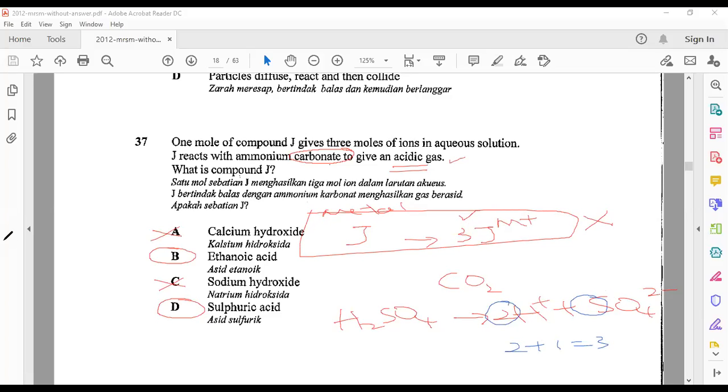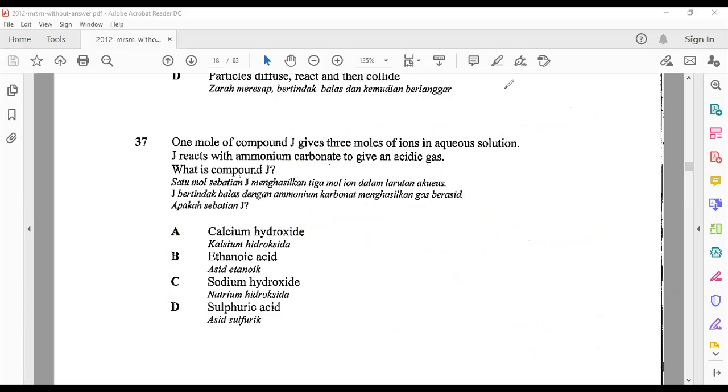While when you are having the ethanoic acid, CH3COOH, when it dissociates in water, you are getting CH3COO negative and H positive. What you are getting is only 2 moles, 1 and 1. That's why B is not the answer. Okay, now let's move on.